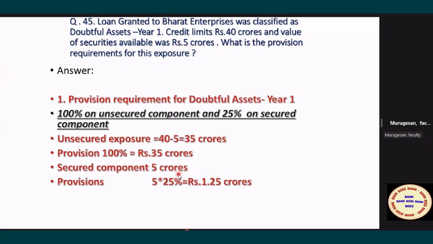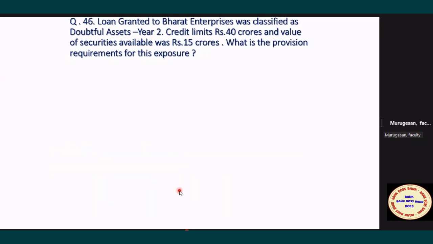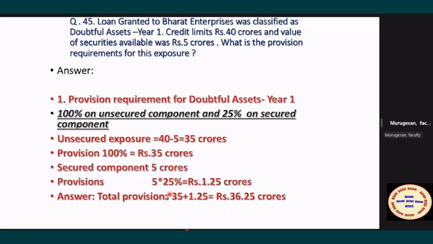On that 5 crore also there is uncertainty of realization, so 25% provision you have to make. 5 into 25%, 1.25. So the total provision will be 35, which is unsecured at 100%, plus the secured component at 25%: 36.25 is the total provision.